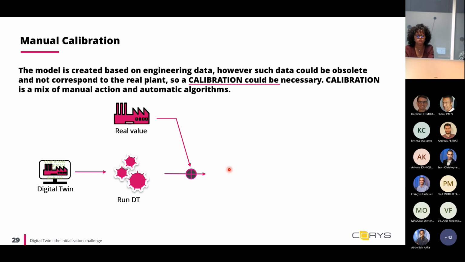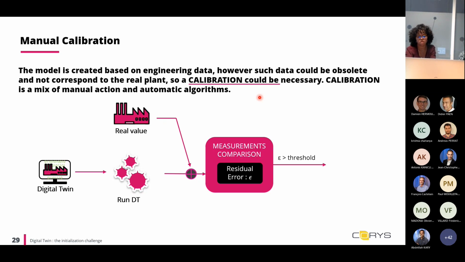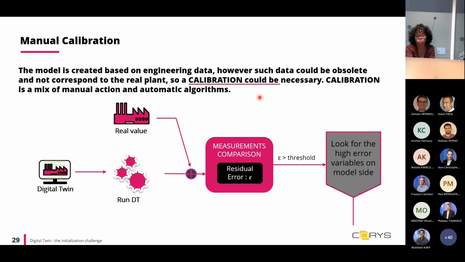First, again, we run the digital twin in its first stage, based on engineering data, and we compare its measurement values to the real plant values. Then we compute the error between both of these measurements. If the error is high, we look specifically for the high error values and search where these parameters and variables are in the digital twin itself.